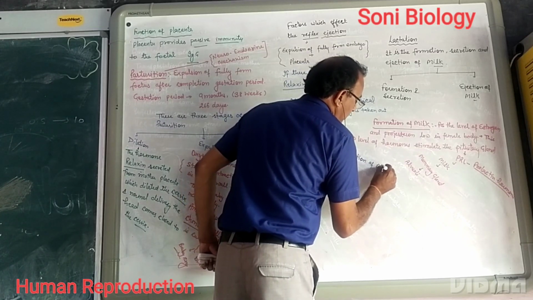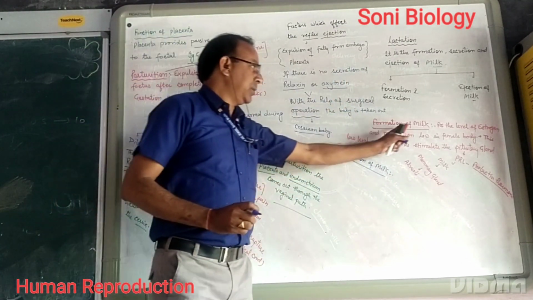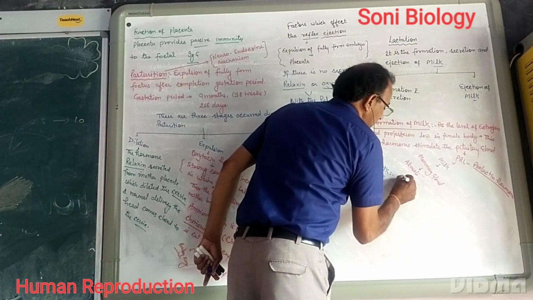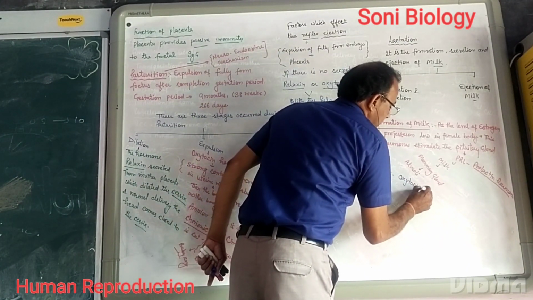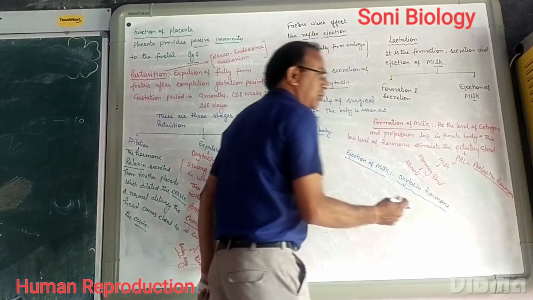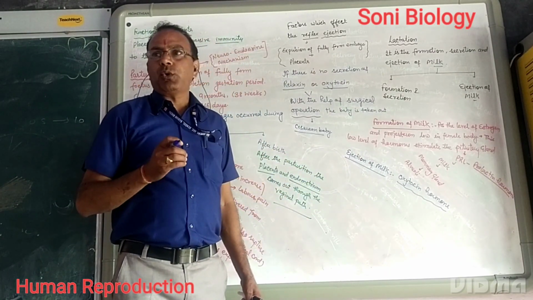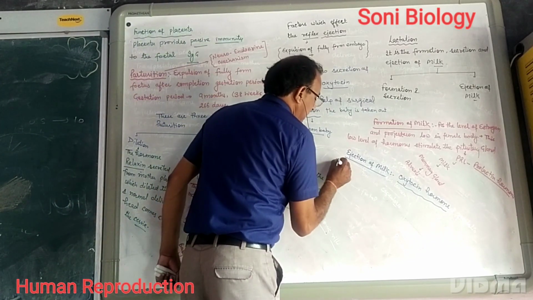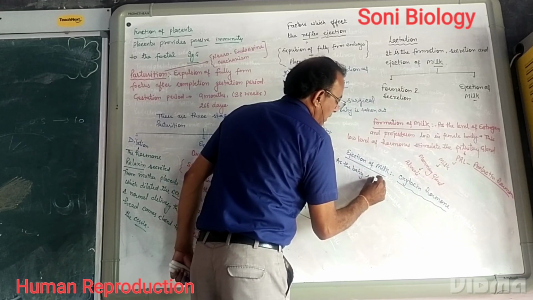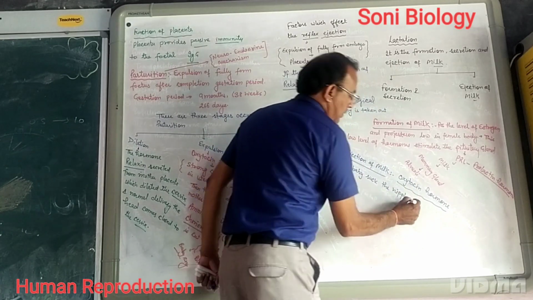Ejection of milk. In the formation of milk, PRL hormone is responsible. For ejection of milk, the hormone oxytocin is responsible. Due to the influence of oxytocin hormone, milk is ejected through the nipples as the baby sucks the nipple.